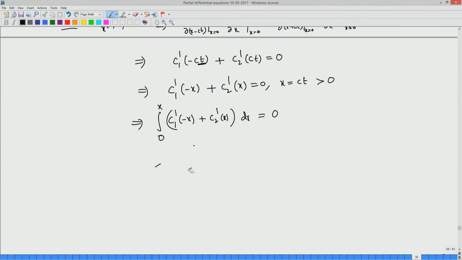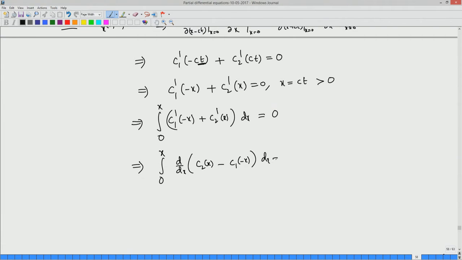So what you have is this integral from 0 to x of d/dx of C2(x) minus C1(-x). You differentiate, and this is exactly the integrand: C2'(x) plus C1'(-x). You differentiate C1 of minus x, you get minus of C1'(-x), so minus times minus gives plus.